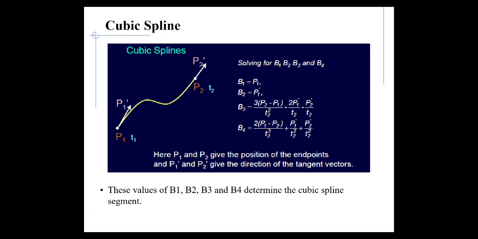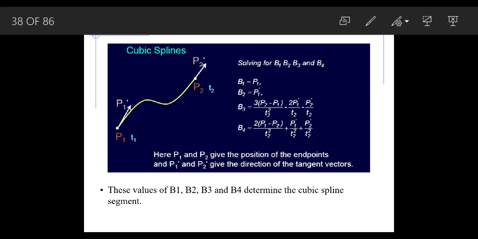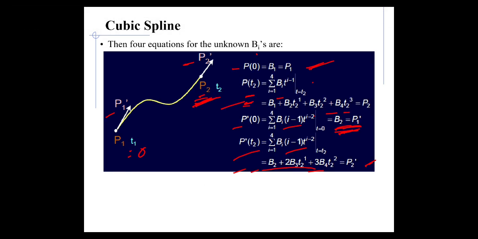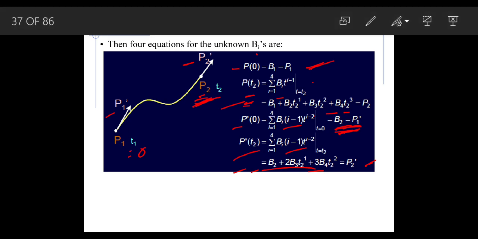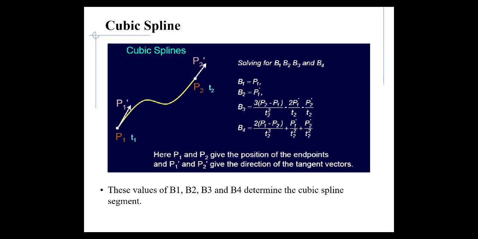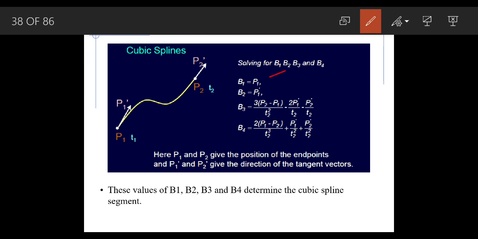Now solving for b1, b2, b3, b4, what will we get at the end? b1 is equal to p1, that we have solved here, and b2 is equal to p1 dash. In this way, when we put the values in the equation, we get b3 and b4 as well.